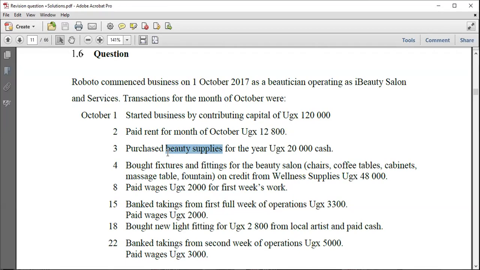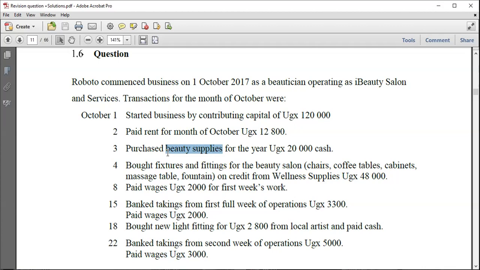Someone will ask, why is it not called a beauty supplies account? The reason we call it purchases is that every time a business purchases commodities for reuse or production, those are like raw materials. So when you buy raw materials, they're like purchases. You get it?